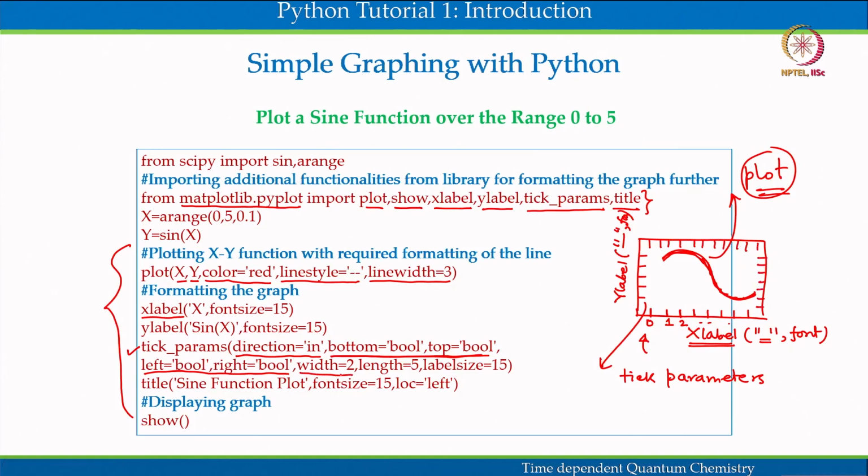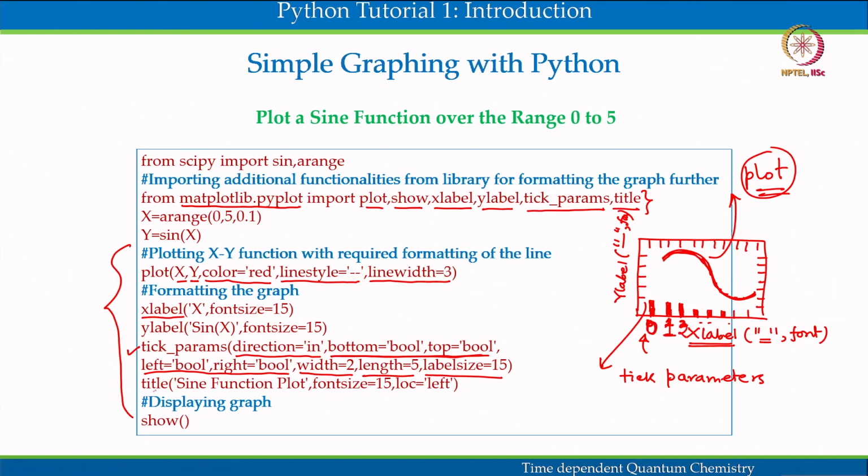Then the width is how wide each tick lines would be. That's the width. Length, how long is going to be each tick, that's the length. And label size, this size of the label, so it would be bigger if we increase the label size.